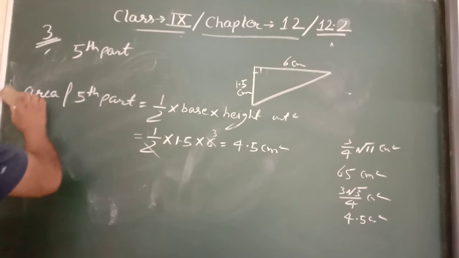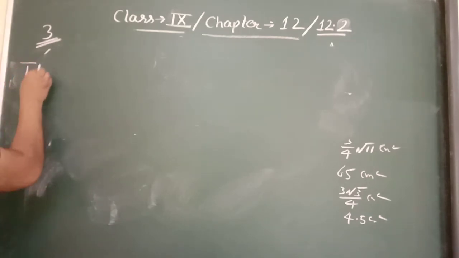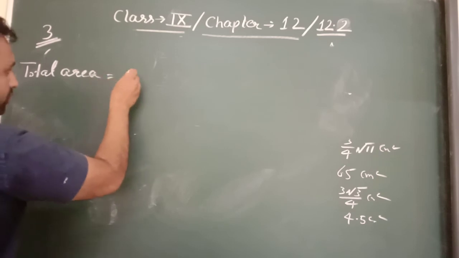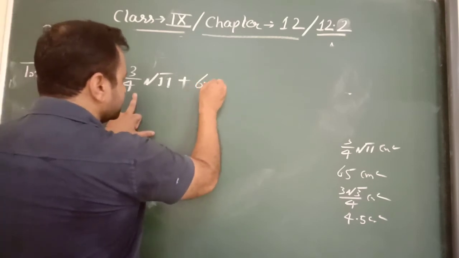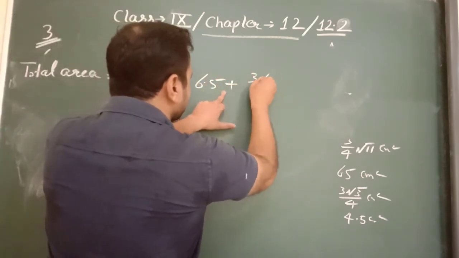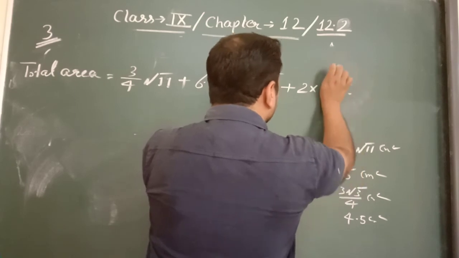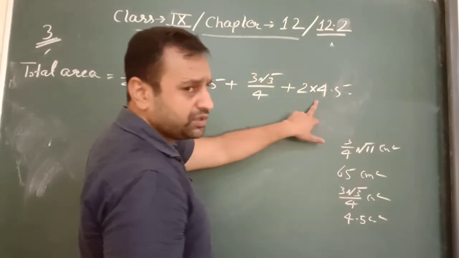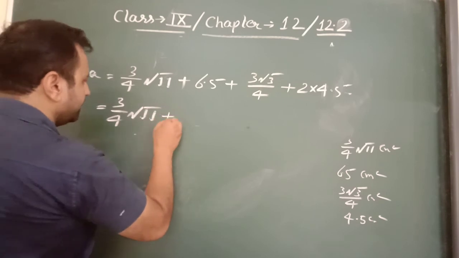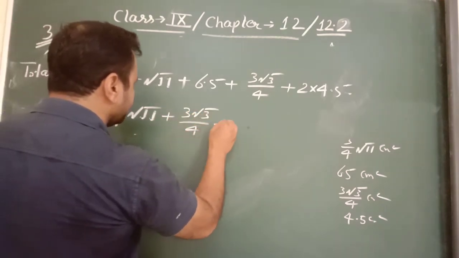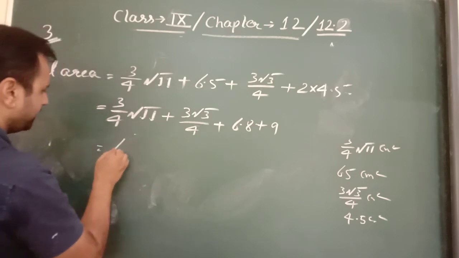Now we have to calculate area of all parts. So total area is equal to 3/4 under root 11, it is the area of first part; 6.5, area of second part; 3 under root 3/4, area of third part; and 2 multiply 4.5, it is area of fourth and fifth part. 3/4 under root 11 and 3 under root 3/4 are unlike terms. 6.5 plus 9, both are like terms, so these can be added.